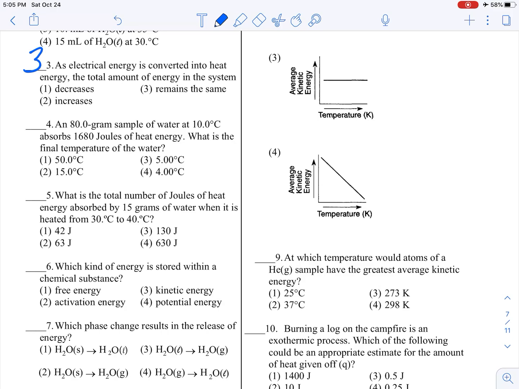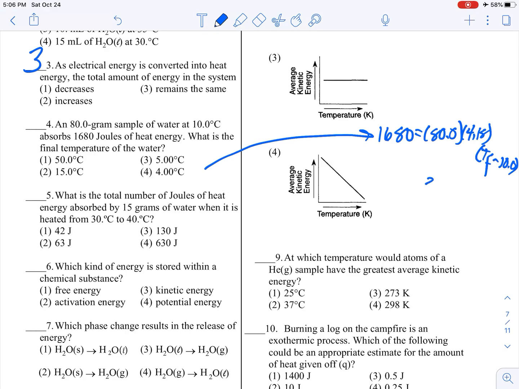An 80-gram sample of water at 10 degrees Celsius absorbs 1680 joules of heat. What is the final temperature of water? So I'm going to do that over here. We have 1680 equals mass times specific heat times, we're looking for T final minus 10. So I'm going to do 80 times 4.18.